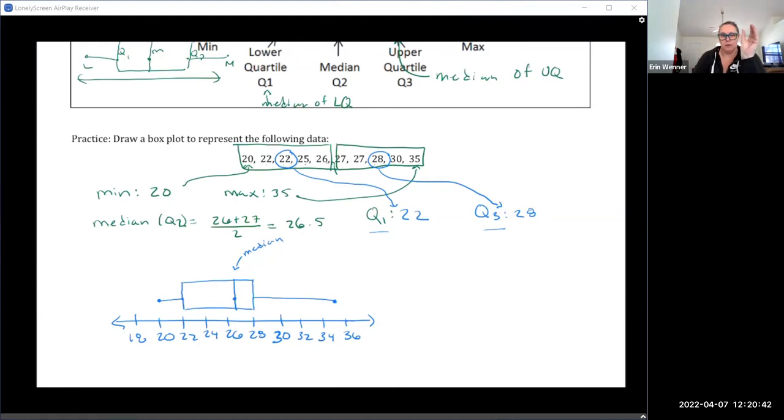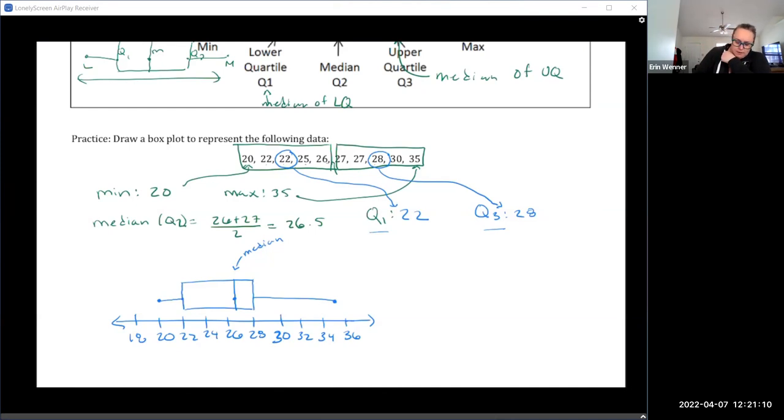The lower set of numbers, so from 20 to 26, is more spread out, which is why we have a bigger box there. There's more data points there. Because there's a bigger difference from 22 to 25, where on the other side, we're going 27, 28, right? They're closer together. And so it's showing you how that data spreads.